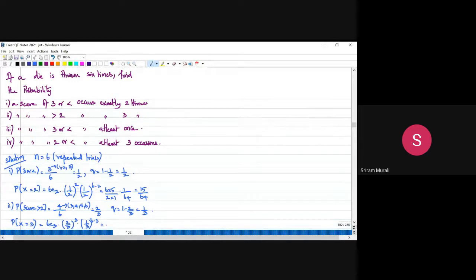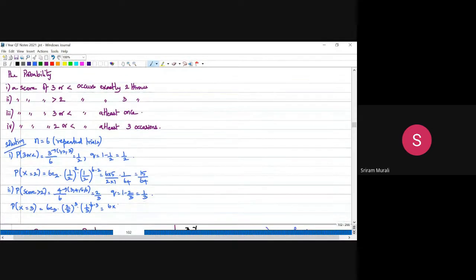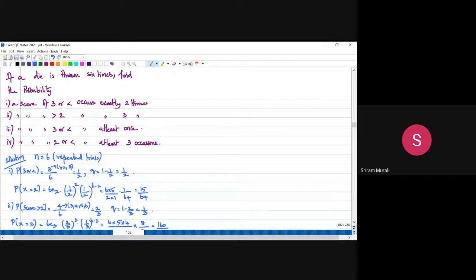That is equal to 6 into 5 into 4 by 3 into 2 into 1, into 8 by 729, because 3 power 6. If you simplify, you would get 160 divided by 729. That was the second one.